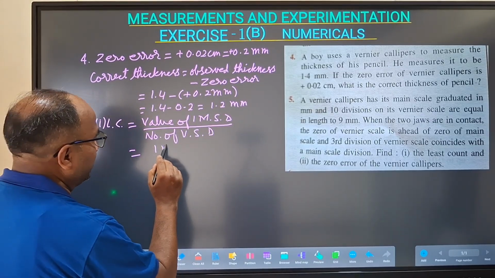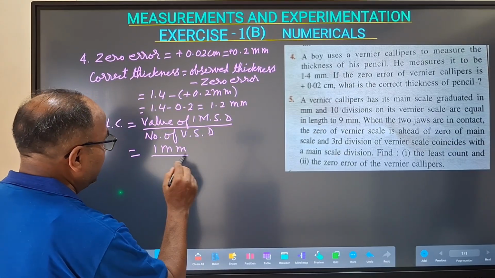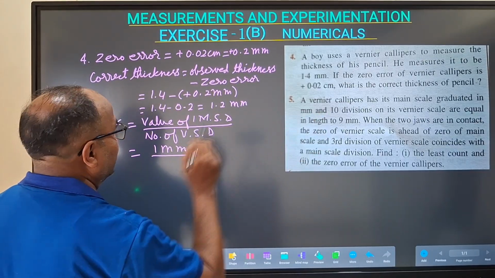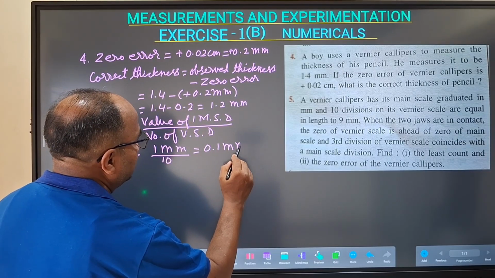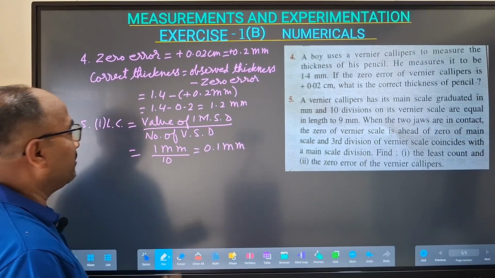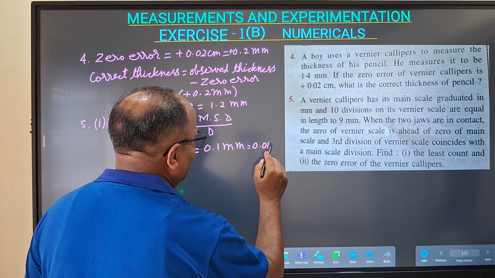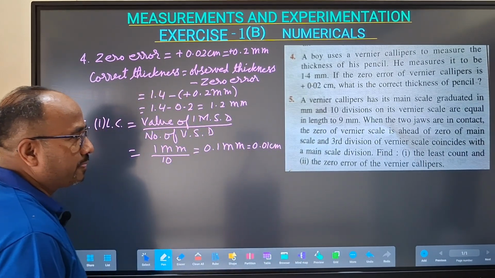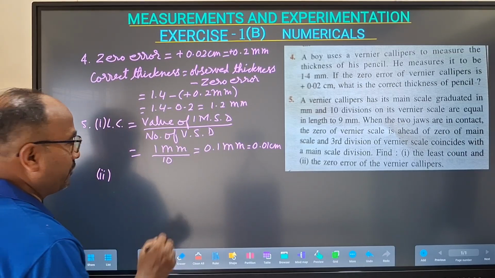So 1 millimeter is our value of one main scale division, and the number of divisions of the vernier is 10. So we get 0.1 millimeter. So this is our least count, and in centimeter it is 0.01 centimeter. Now the second part is asking you to find the zero error.